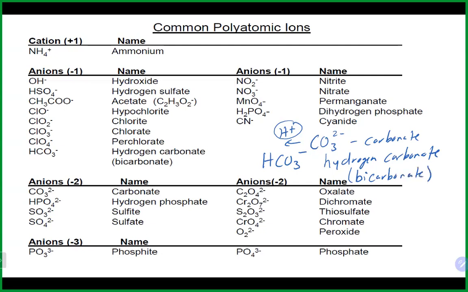This also happens with sulfate and phosphate. That's hydrogen phosphate. We have bisulfate as well. So you could have SO4 2 minus, which is sulfate. Putting an H plus in front of it gives you HSO4 minus, which is bisulfate or hydrogen sulfate.